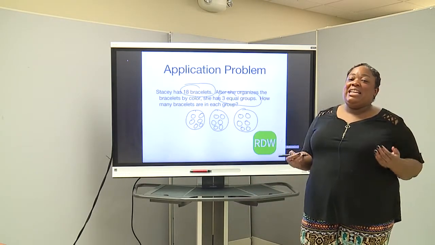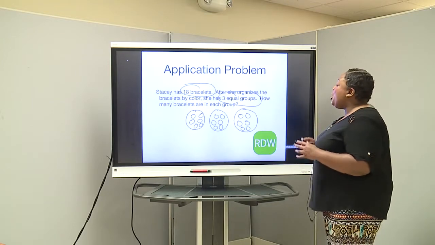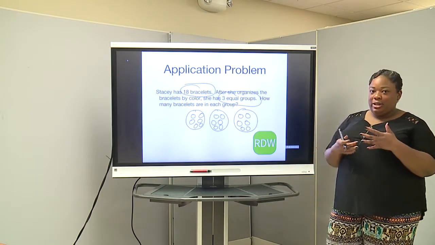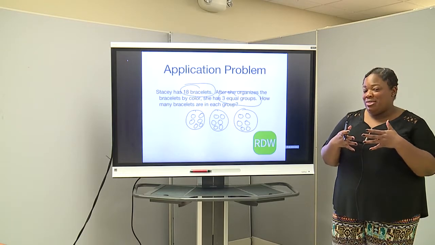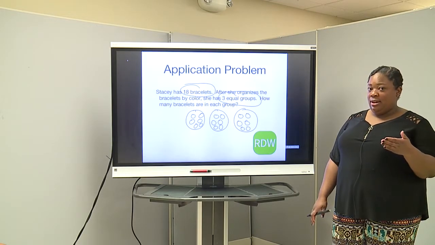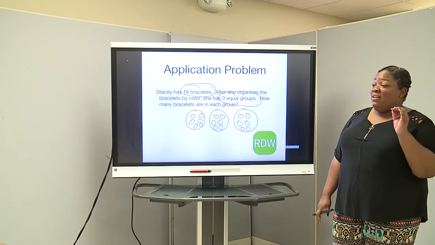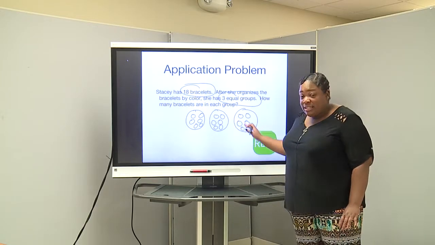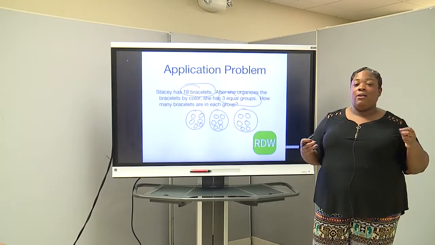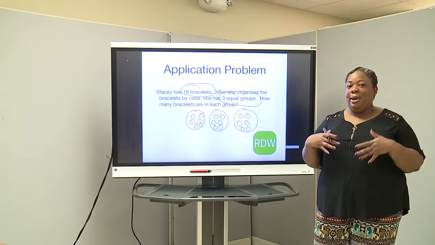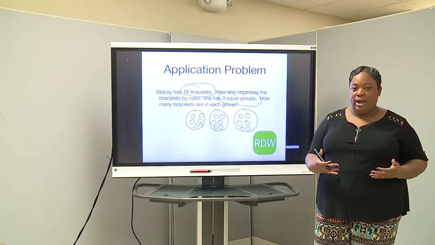Because 18 is my total, okay? So now I'm going to count how many circles I have in my groups because I know one thing about them. They should be what? They should be equal. So if I count them and I don't have the same number in each group, I've done something wrong. I need to erase, get another piece of paper, and I need to start over and see what I did wrong, okay?